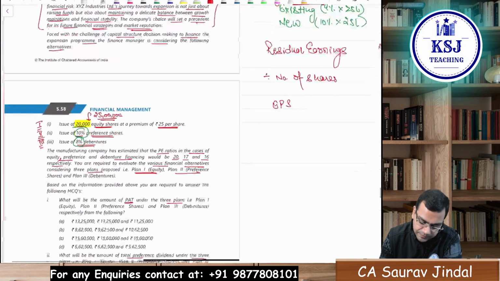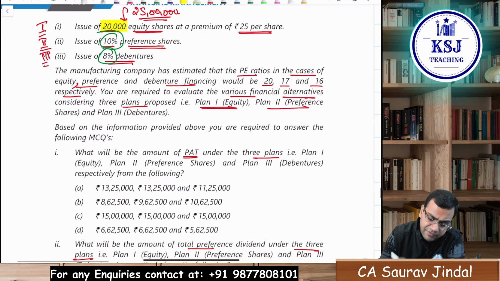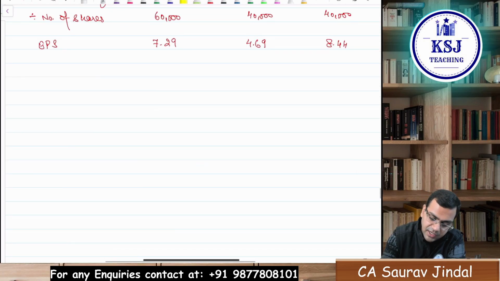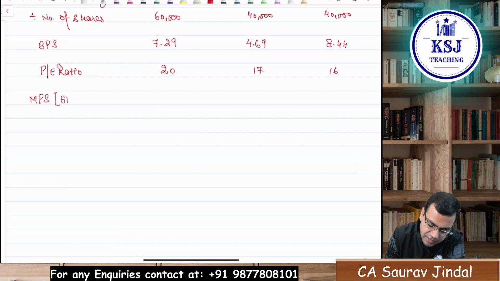Now, next, see this here. If we want to calculate the market price, how can we calculate it? Sir, PE ratio is given as 20, 17 and 16. So how can we calculate the market price of the share? The market price of the share will be earnings per share multiplied by PE ratio.